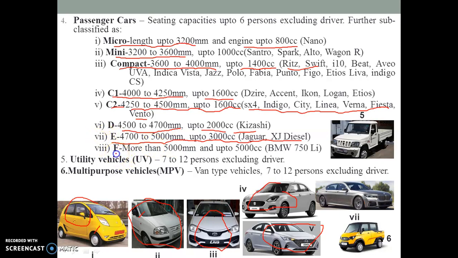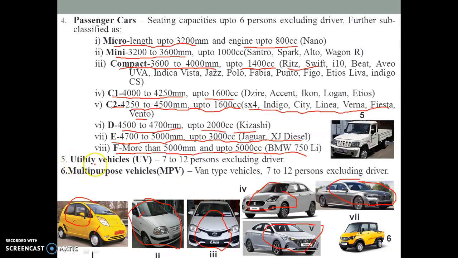And then for F, more than 5000 mm, and the capacity is up to 5000 cc. So this is a BMW 750 Li. This car picture is represented in this case.